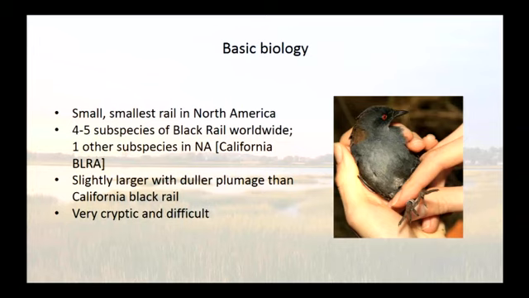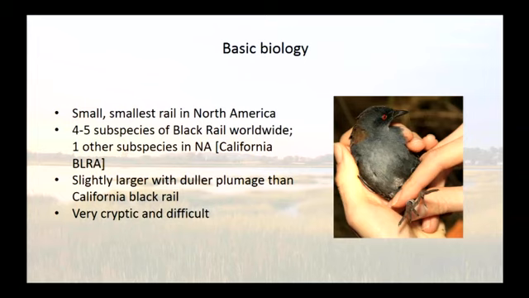This one is slightly larger with duller plumage than the California black rail, but you're probably never going to see one because they're so elusive. You can hear them in the marshes if you go out at night and play the right callback, but you're probably not going to see one.